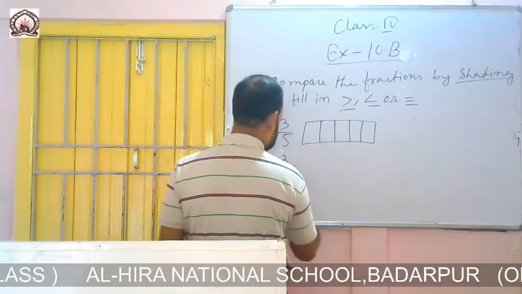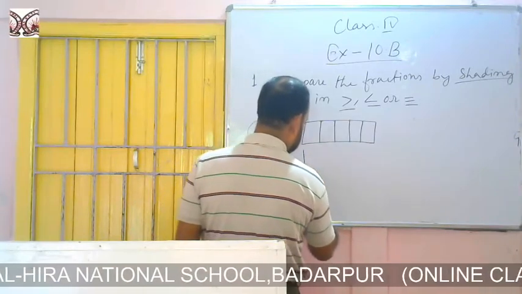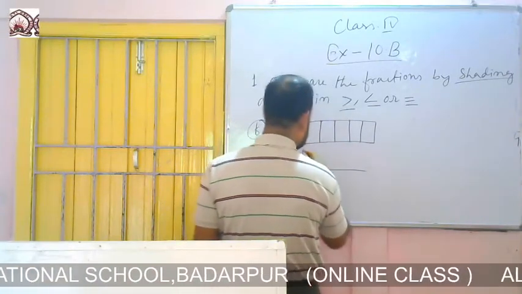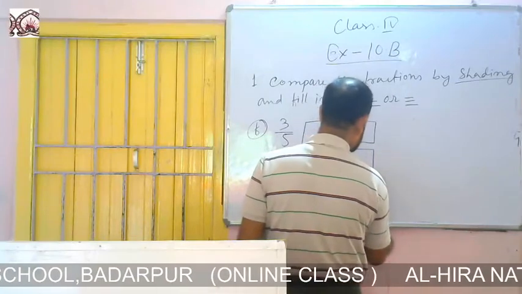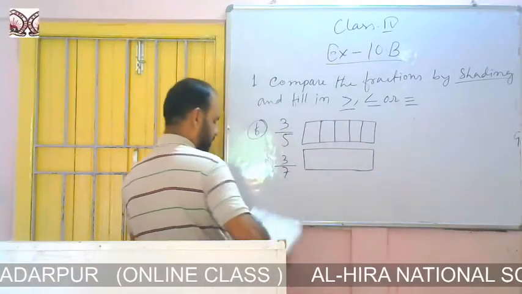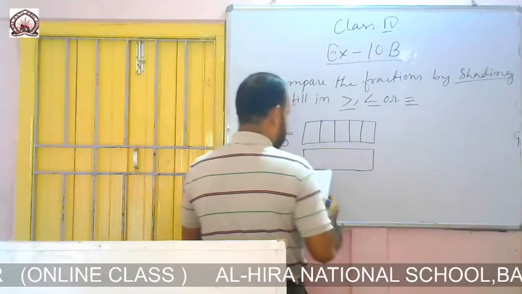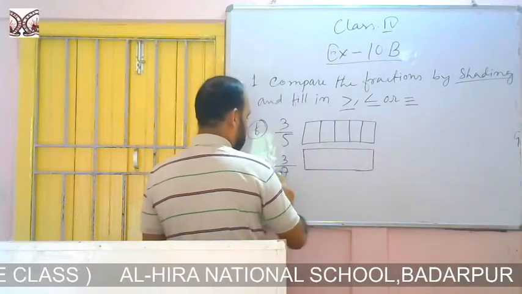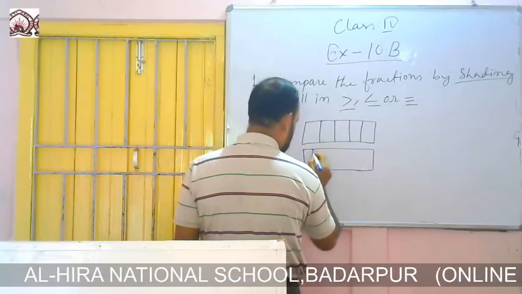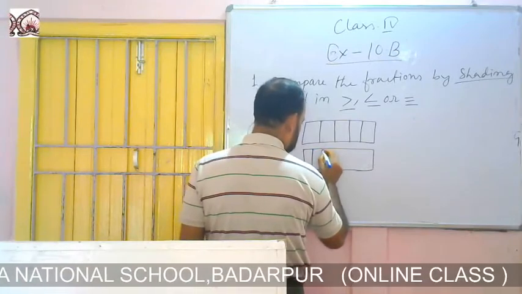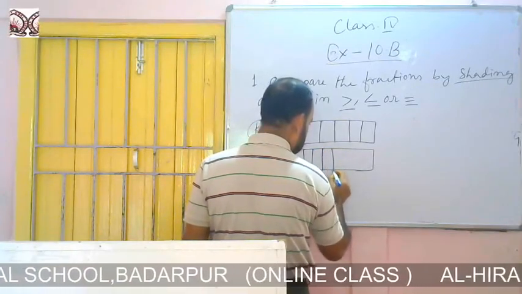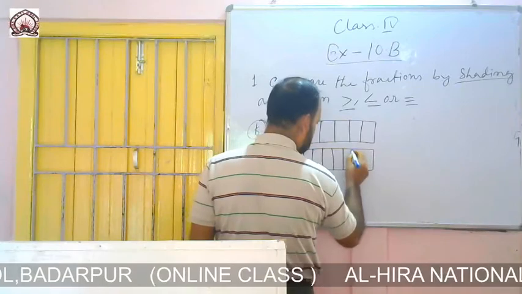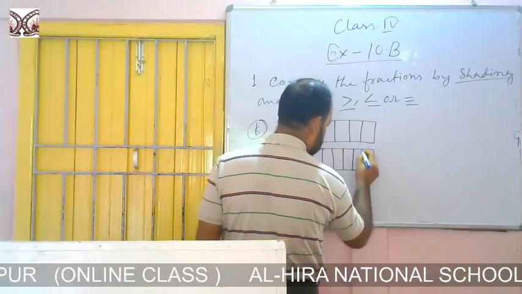We draw the same rectangle, same size, same length, and we make 7 equal parts because here the denominator is 7. 1, 2, 3, 4, 5, 6, 7.